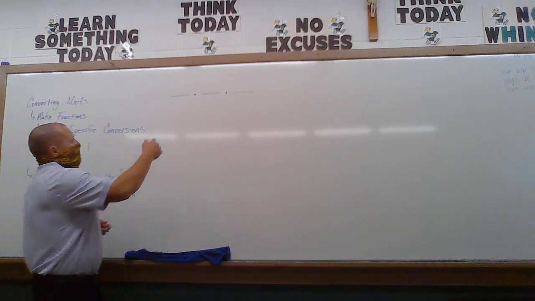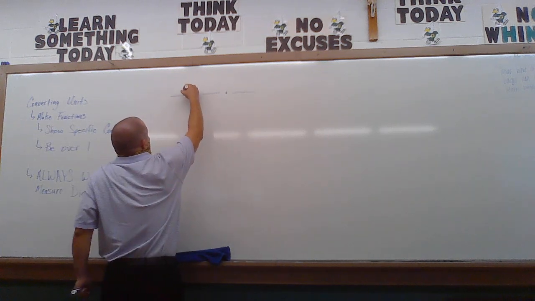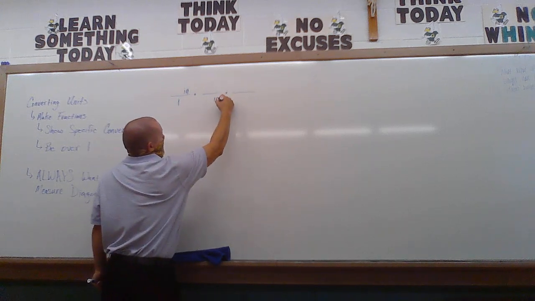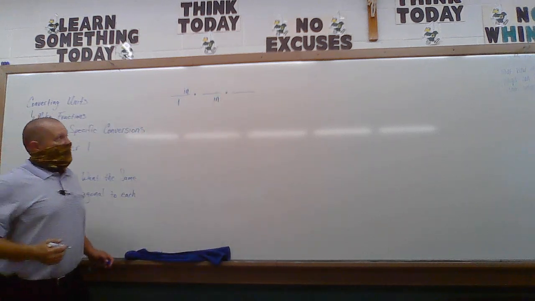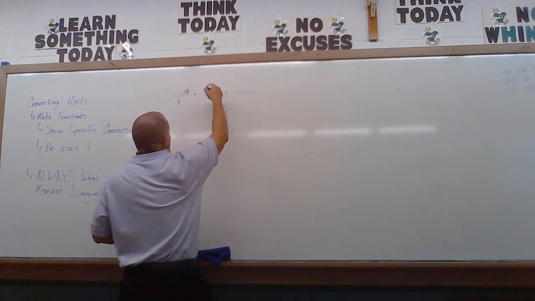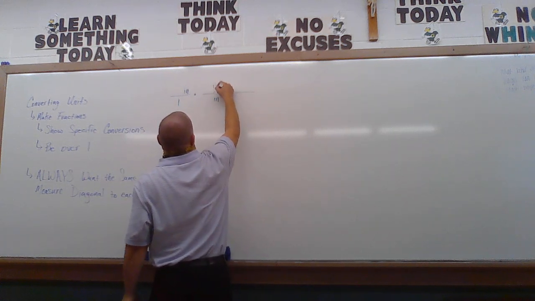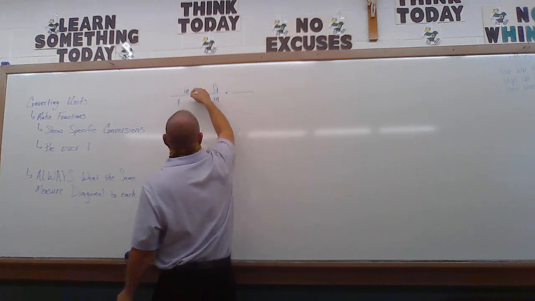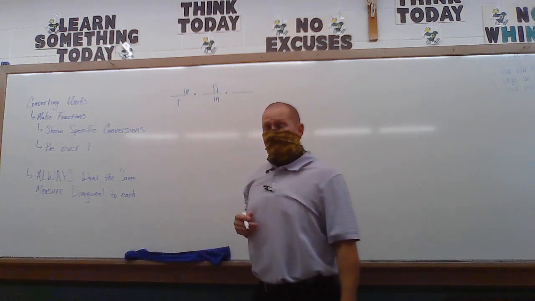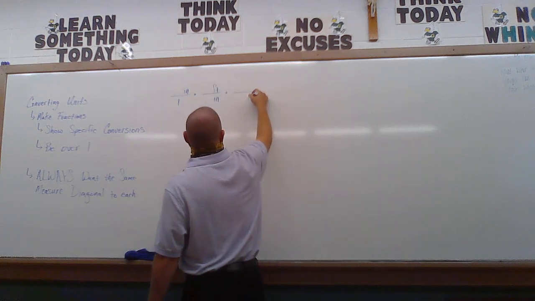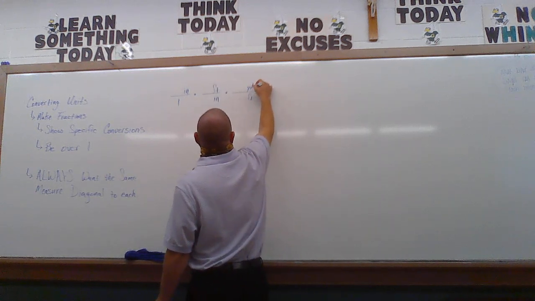So, again though, if I had inches up here over 1, then I know that my inches have to be down here. And so on and so forth. So it doesn't matter what we're talking about, they just have to be there. So if this was feet, my inches would cancel out and I'm left with feet at the end. But maybe I'm going to yards, so then I'd have feet down here, and I'd have yards up here.